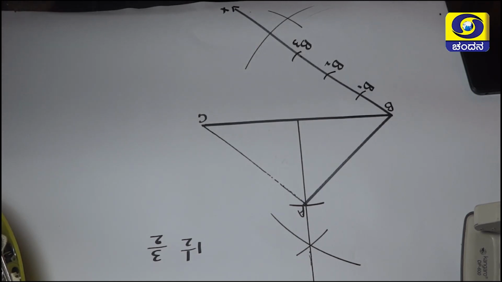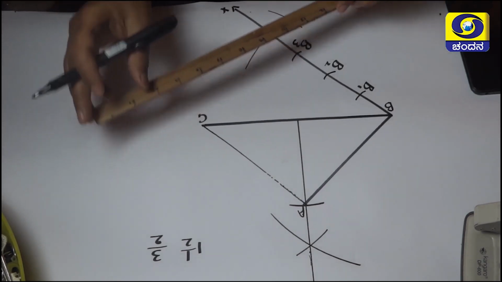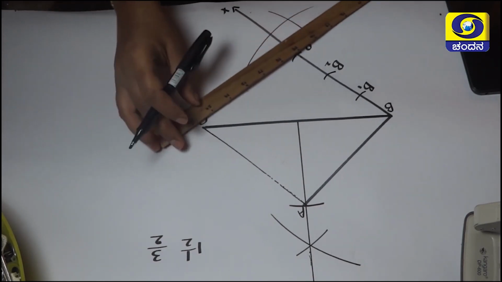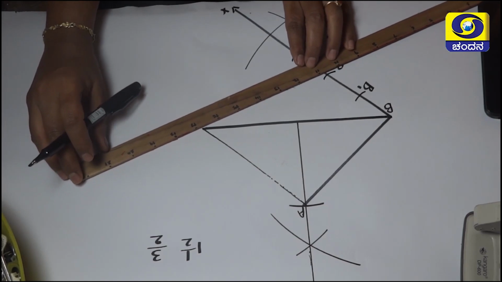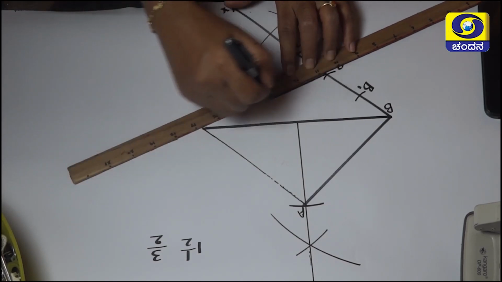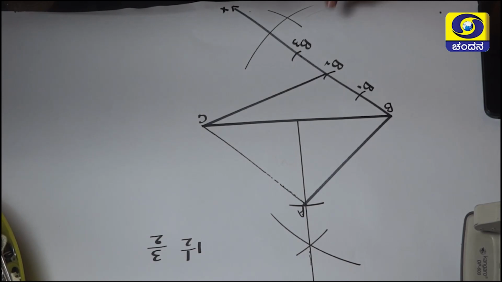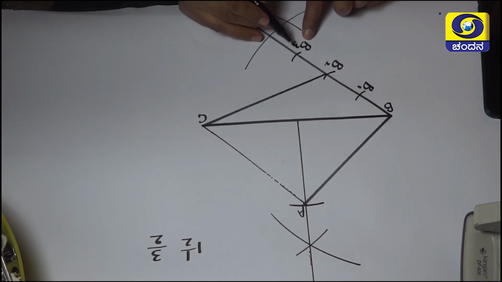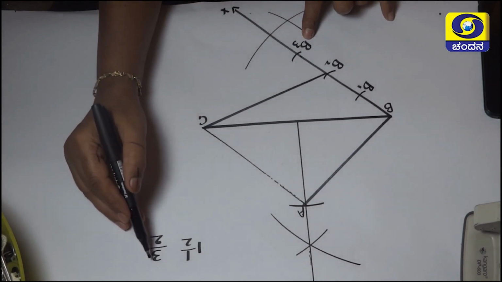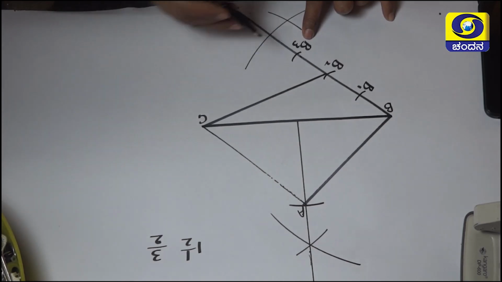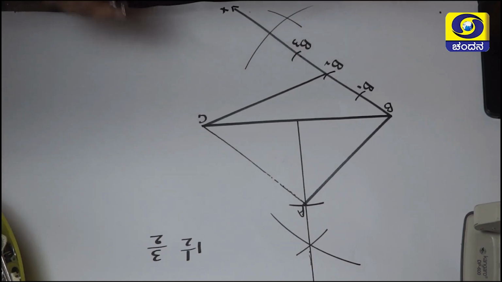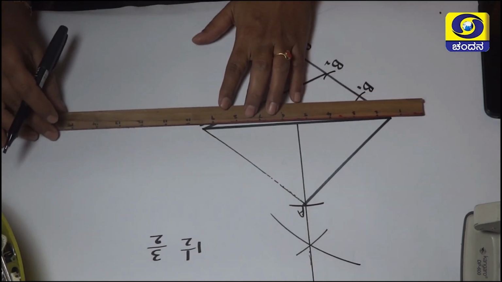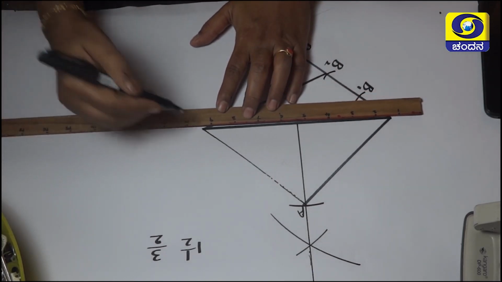It means we have to join the second point or second mark on the ray to this end point of the line segment BC like this. To join the third part, because in the numerator you can see here it is 3, to join this part 3 to the line segment BC, we have to extend this line segment BC further.